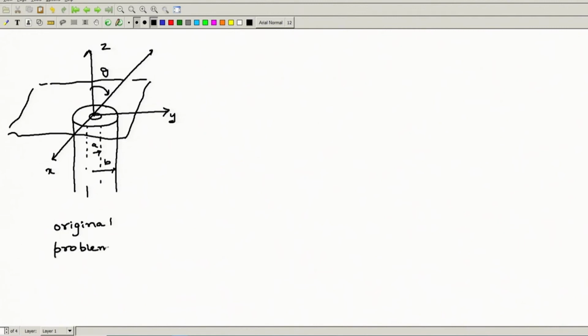It was told in the question that the field over the aperture is given by E rho equals minus V upon rho log of B by A.